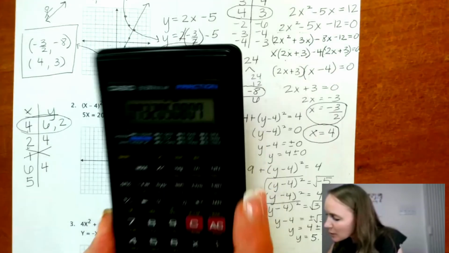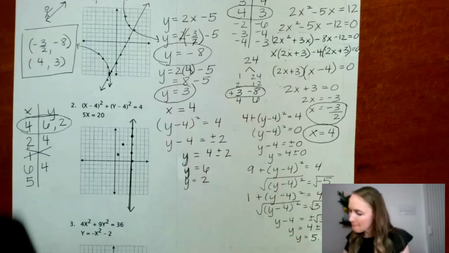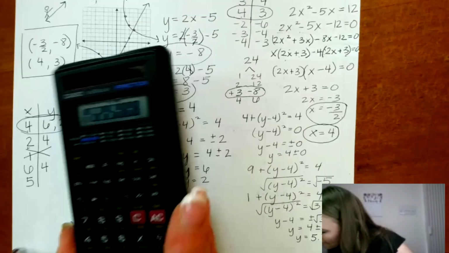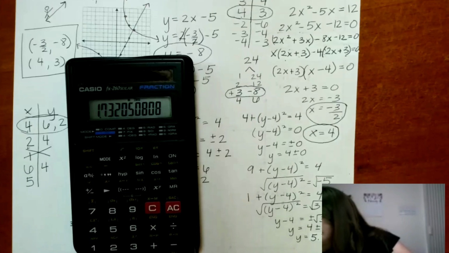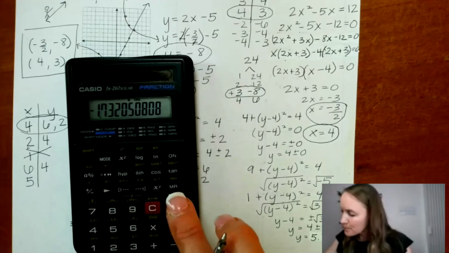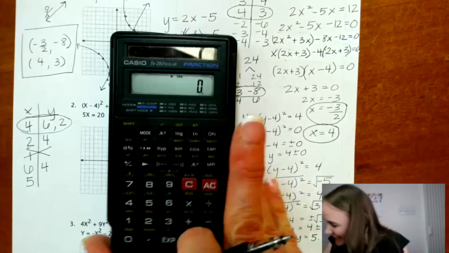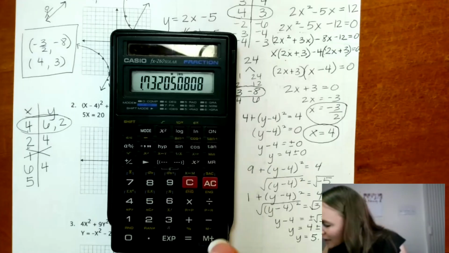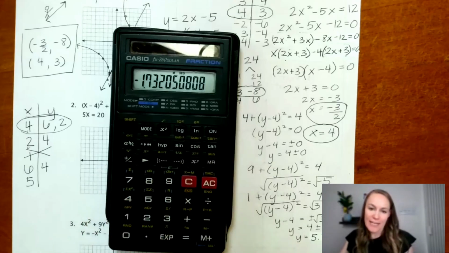Nope, that didn't work for me. Oh, there we go. So I just found the button that I needed. So 3 square root, and then I'm going to click this button, which will make it negative.